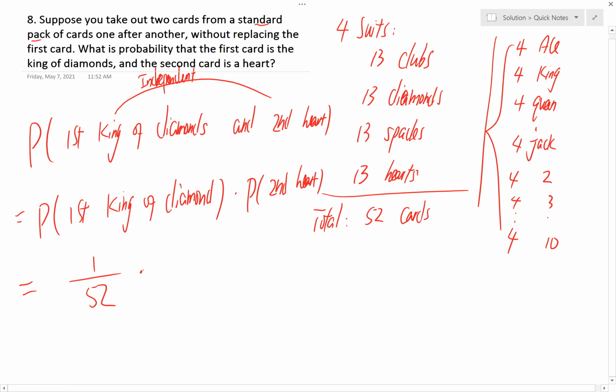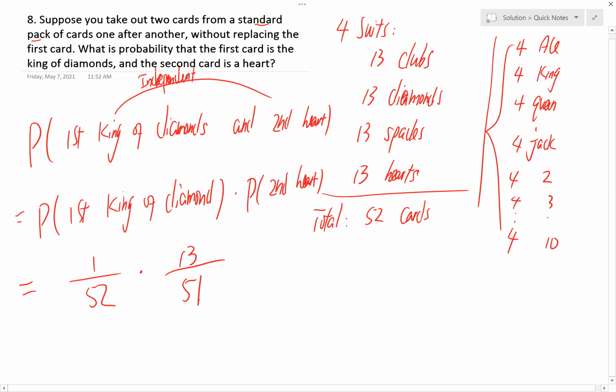And then heart, since it's king of diamond, it has nothing to do with all those 13 hearts. That's why they are called mutually exclusive, right? They do not have any intercept. That means we still have 13 hearts. However, we only have 51 cards left.